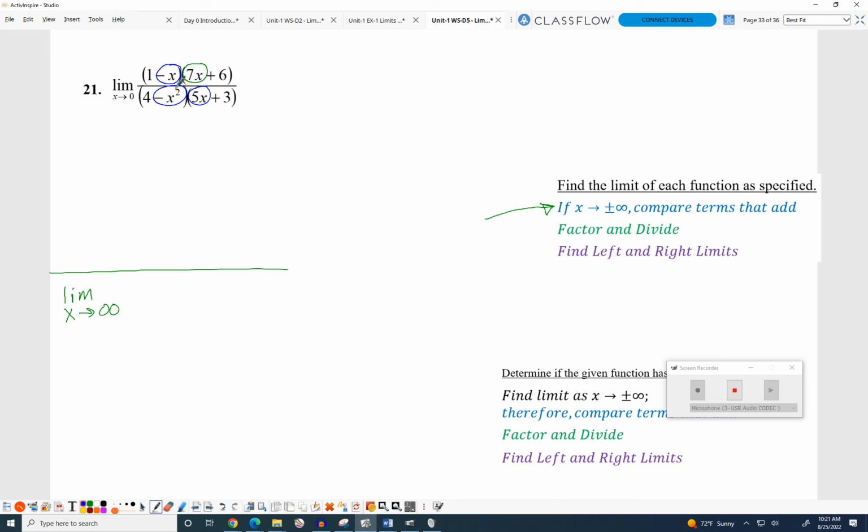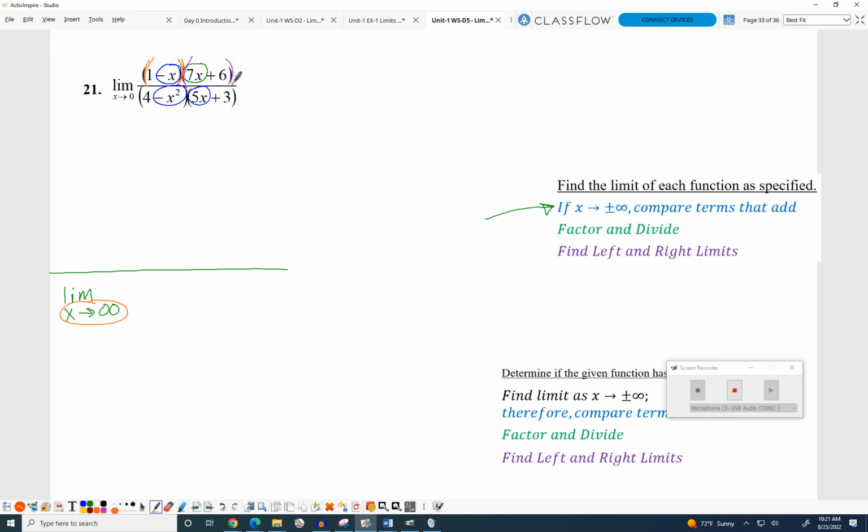There we go, Dylan. So what I'm looking at now is this right here, Dylan, in parentheses. As x approaches infinity, I can think of that as really just being negative x. But whatever's in the orange is still multiplying by whatever is in the purple.